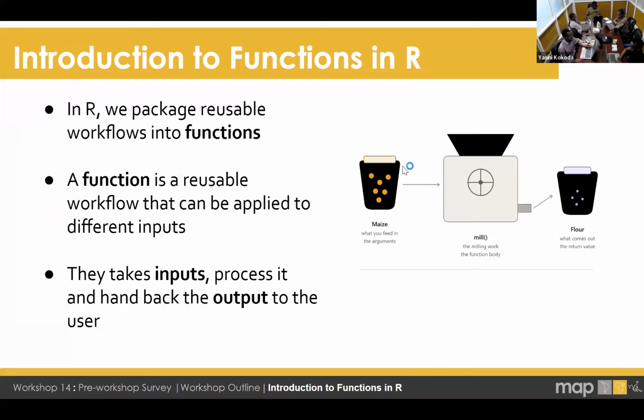And this will bring us to the introduction of functions in R. A function in R is a way to write a repetitive block of code so that it helps us reuse it when we have a similar situation. By definition, it is a reusable workflow that can be applied to different inputs.